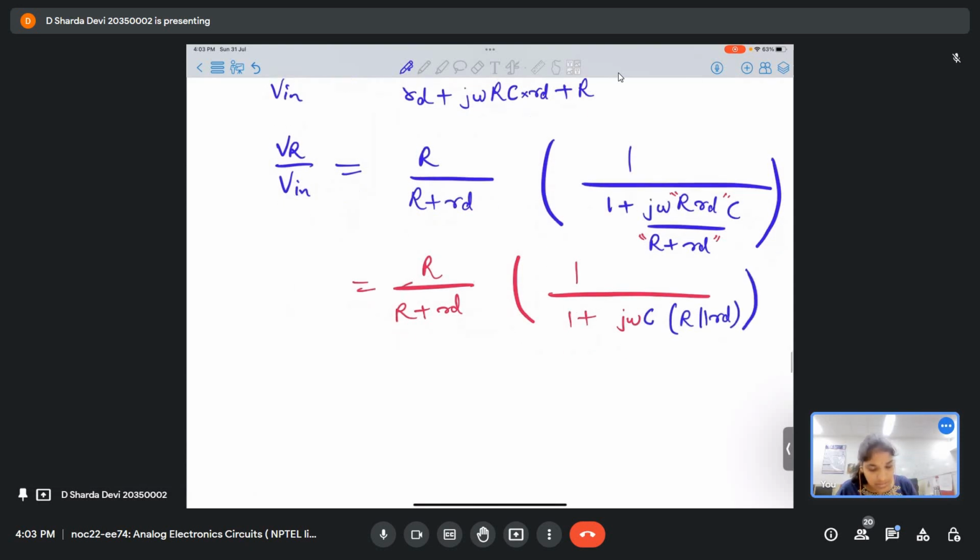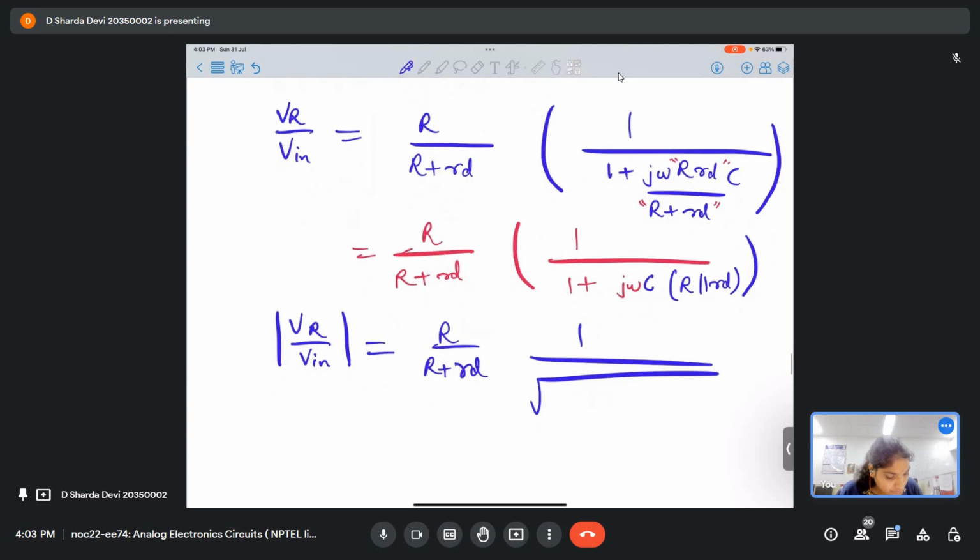Now we'll go for the mod of VR by Vin. This will be R upon R plus Rd, times 1 by root over 1 plus omega square C square, R parallel to Rd square.